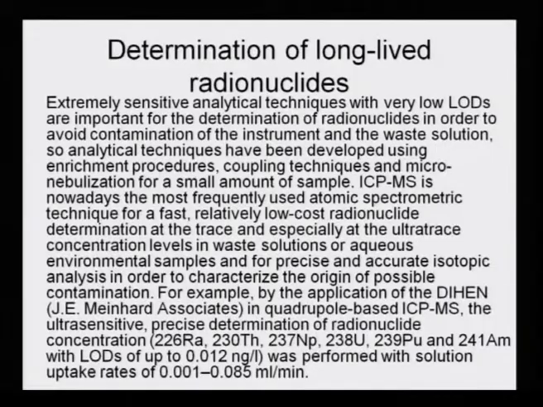So, that small quantity of the radionuclides, that is 226 radium, 230 thorium, 237 Np, 238 uranium, 239 Pu and 241 Am, could be analyzed very effectively. With this we have come to a situation where I can say that trace quantity analysis can be carried out in a very efficient manner.